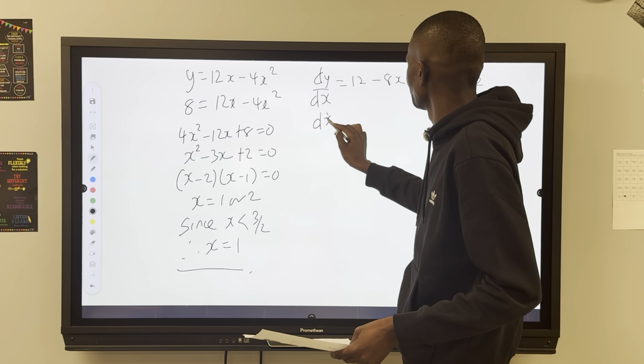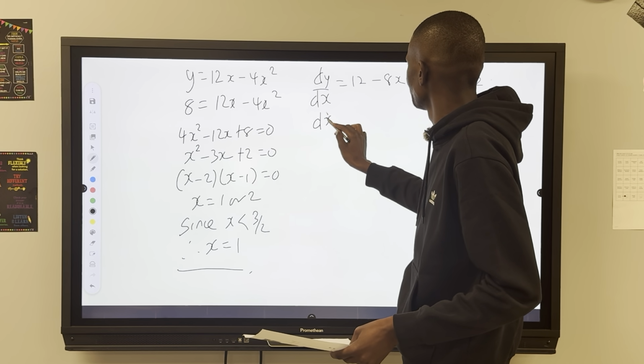So to find the equation, (y minus 8) over (x minus 1) should equal 4. So y minus 8 is 4x minus 4, and y is equal to 4x plus 4. So the equation of the tangent to the curve at the point (1, 8) is y equals 4x plus 4.